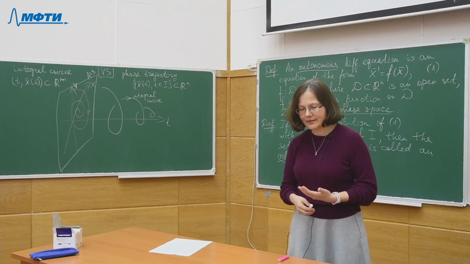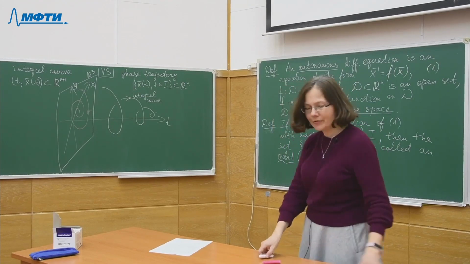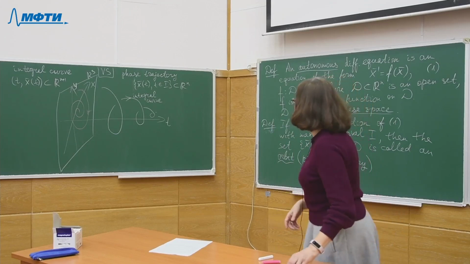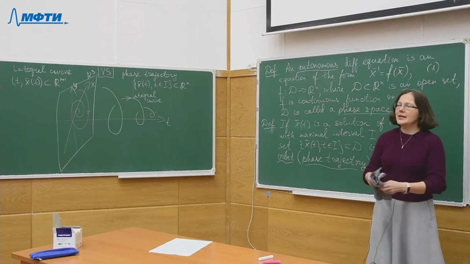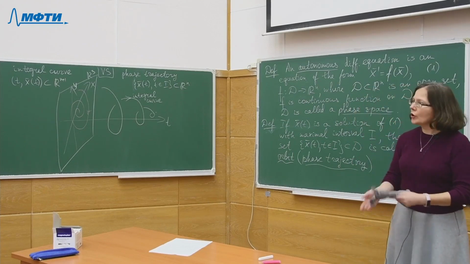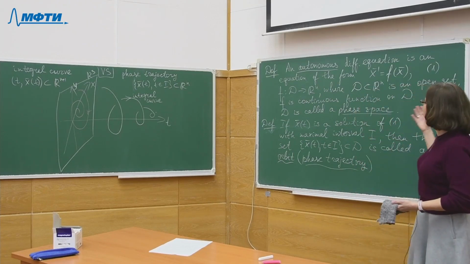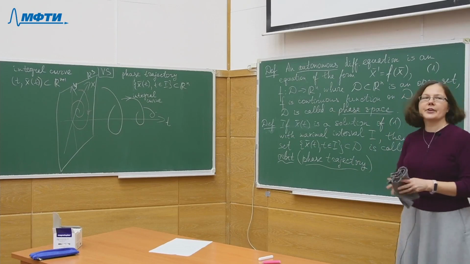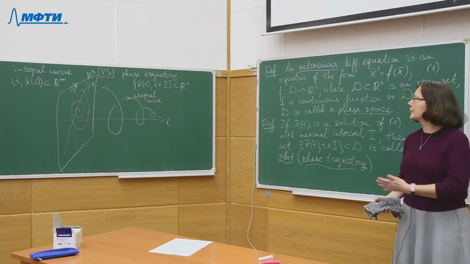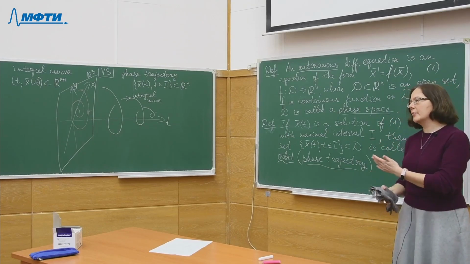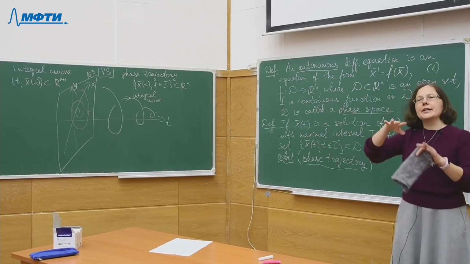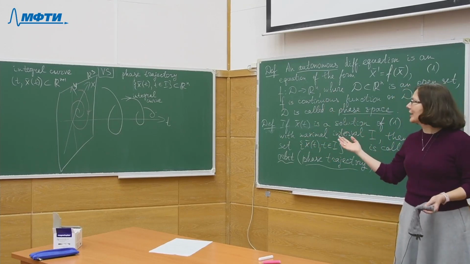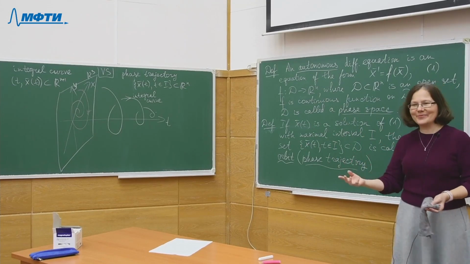It is more convenient for people, and so a lot of information about autonomous differential equations can be obtained from the phase portrait, from phase trajectories, and a representative set of phase trajectories.